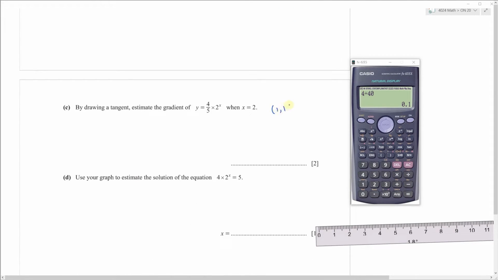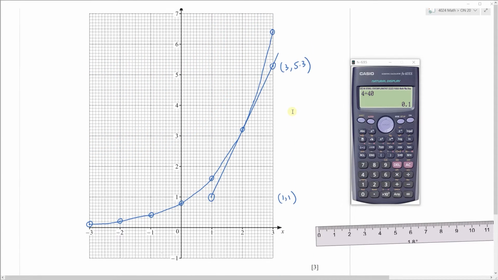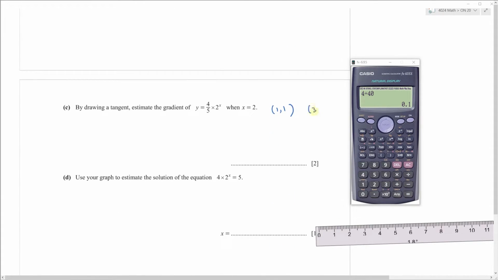Your gradient will be y2 minus y1, so 5.3 minus 1, over x2 minus x1, 3 minus 1. So this will be 4.3 divided by 2, which is 2.15. So your answer here will be 2.15, which is the gradient when x equals 2.